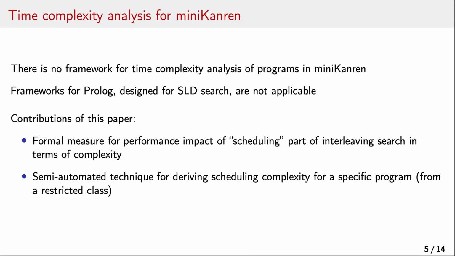Unfortunately, for now, there is no framework for time complexity analysis for programs in miniKanren, and relational programs are usually evaluated by time measuring for specific instances. There is, of course, a huge body of work on time complexity analysis for Prolog, but it assumes SLD search strategy, so it would miss this overhead of scheduling. This paper tries to fill this gap.